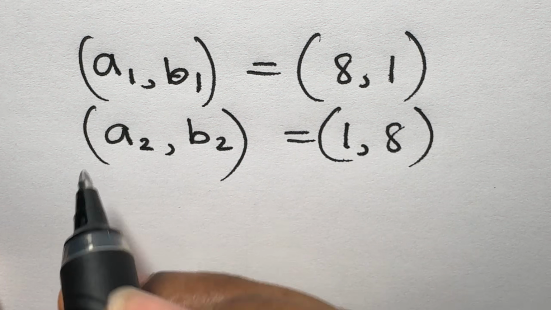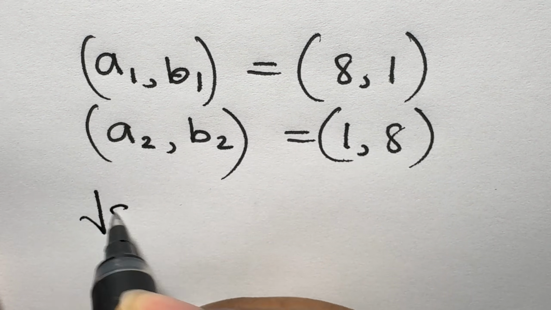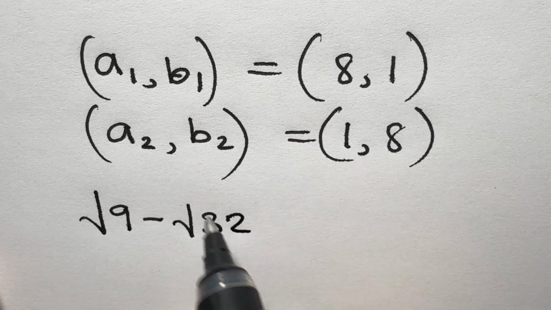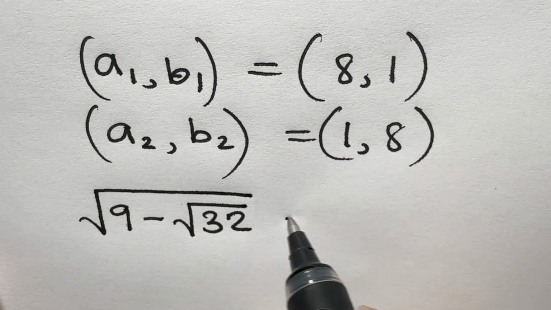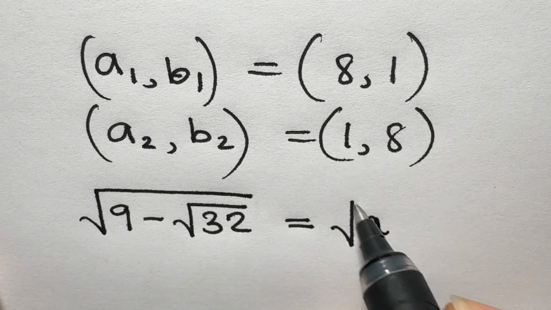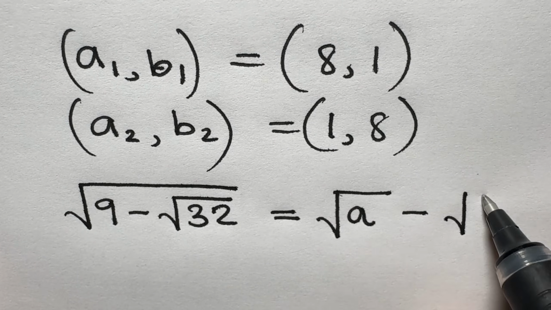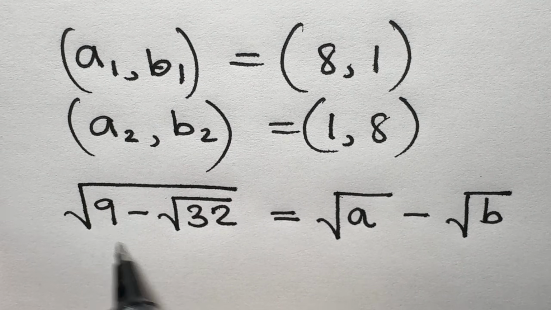Now recall that in the beginning we said let the square root of 9 minus the square root of 32 be equal to the square root of a minus the square root of b. We need to check these two values.